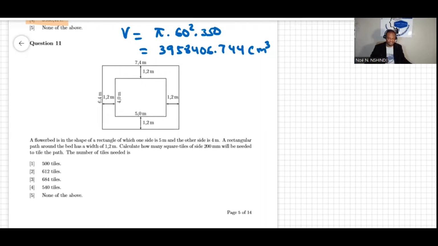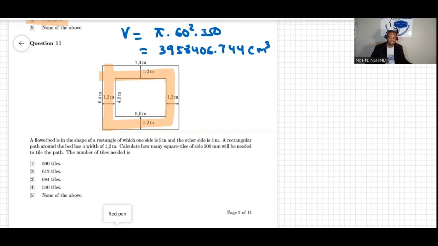We want squares here, square there, all the way to fill in all this space around here. Now, first of all, we're going to work out the area of the inner rectangle.